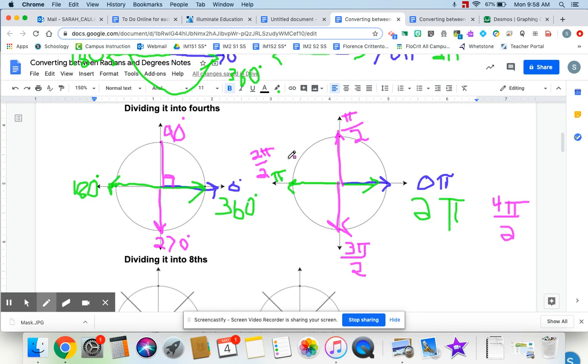So this is what happens when you divide the unit circle into fourths. They also divide it into eighths.